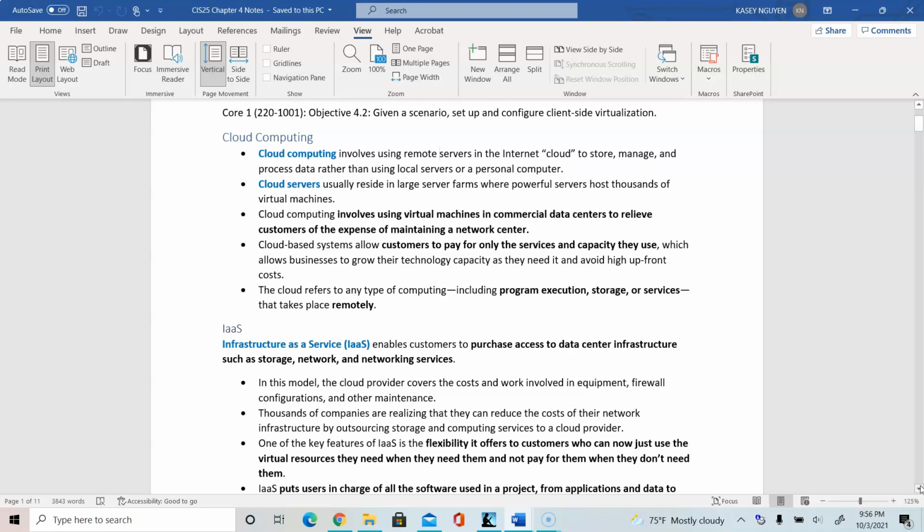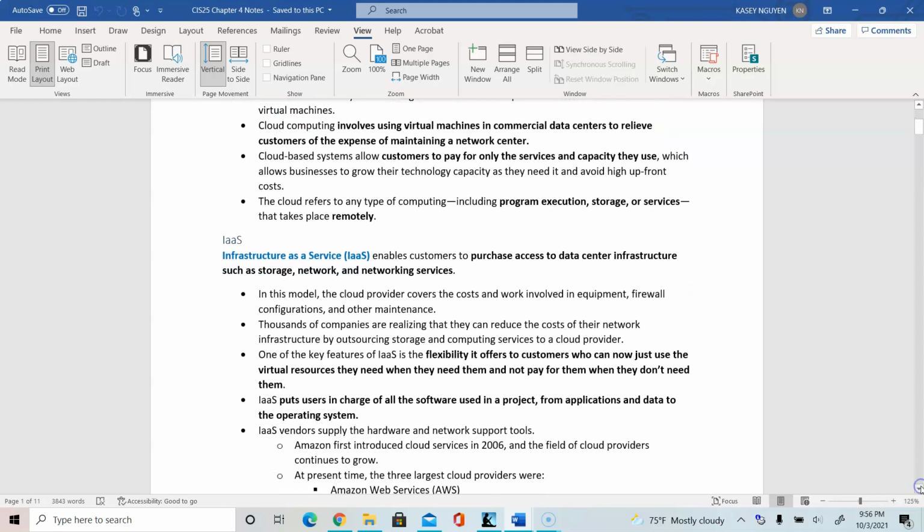So now we would see that the flexibility in this is that the virtual resources will allow them to expand or adjust based on the need of the organization. So IaaS puts users in charge of the software, where certain applications or certain type of productivity suite will then be incorporated inside the operating system that will be offered through the cloud.